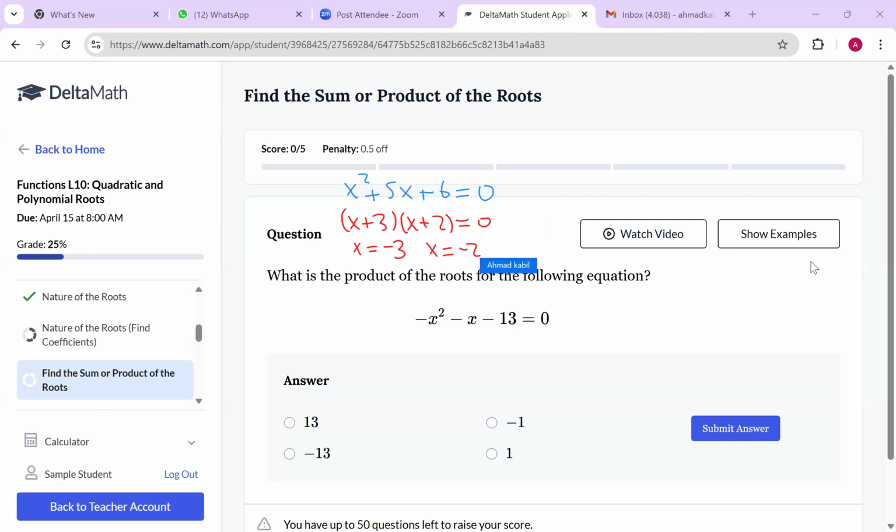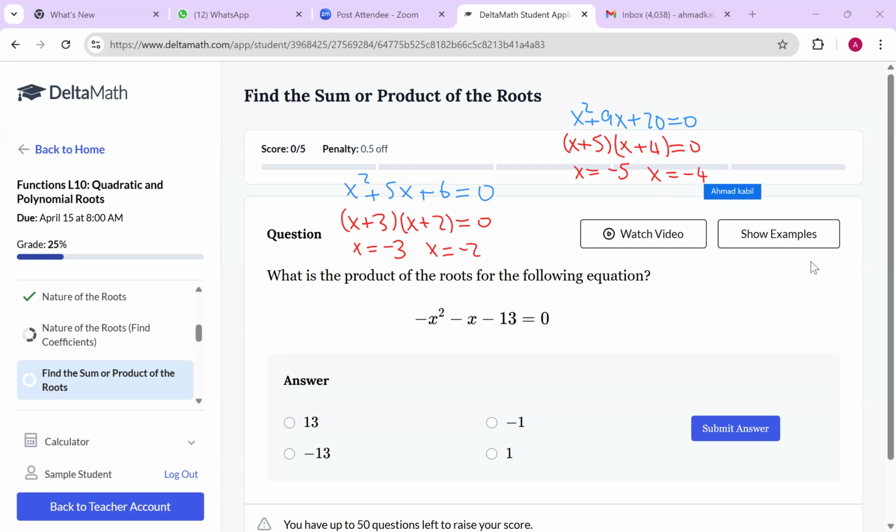Let's take another example. Let's say, for example, x squared plus 9x plus 20 equals 0. So this is (x plus 5) times (x plus 4). So x equals -5 and x equals -4.